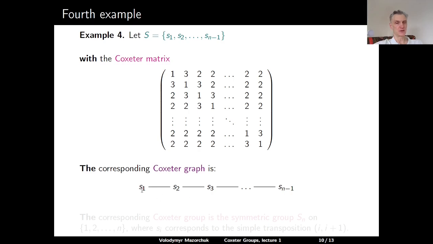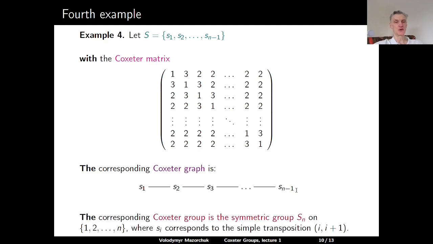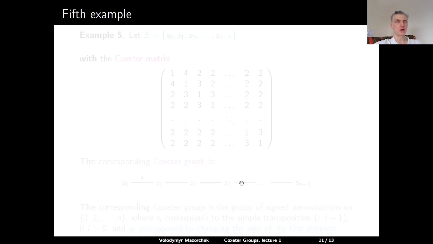We have S1 connected by an unlabeled edge with S2, S2 is connected to S3, and so on, all the way up to S(n minus 1). And then the corresponding Coxeter group is the symmetric group Sn of all permutations of the set 1, 2, and so on, n, where the generator Si in our Coxeter group corresponds to the simple transposition which swaps i and i plus 1.